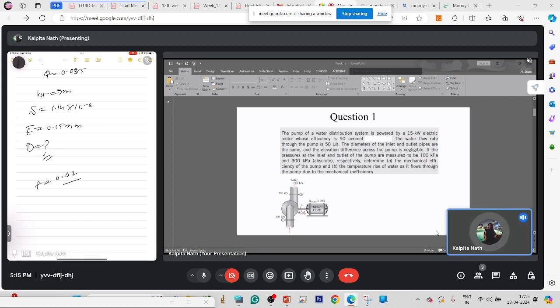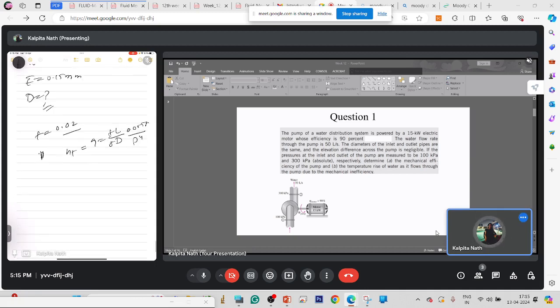Then hf, given as 9, is equal to fl by g into 0.0058 upon d to the power 5. So if we have guessed f as 0.02, from here d can be calculated.